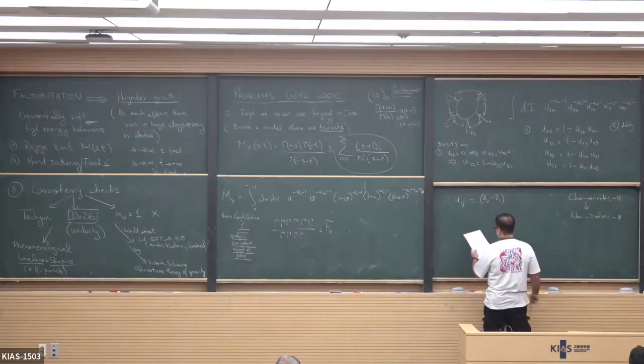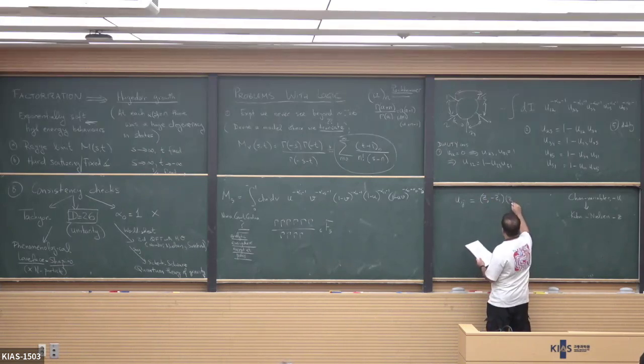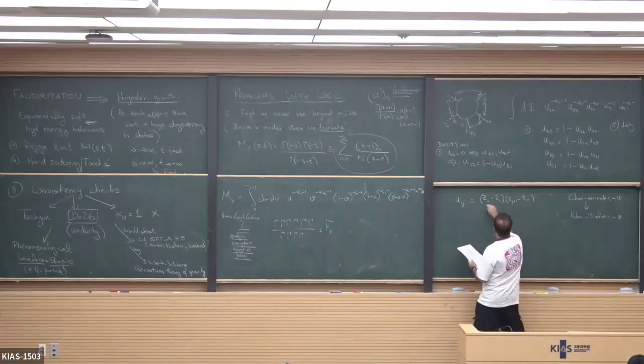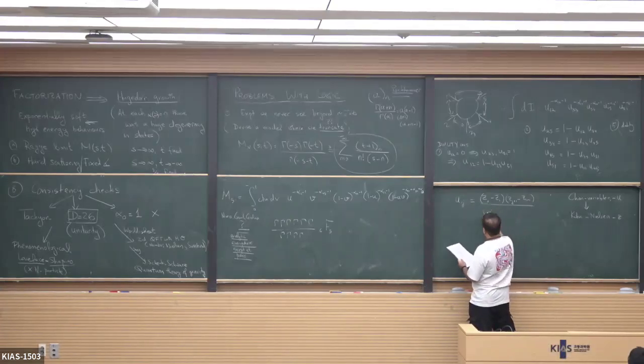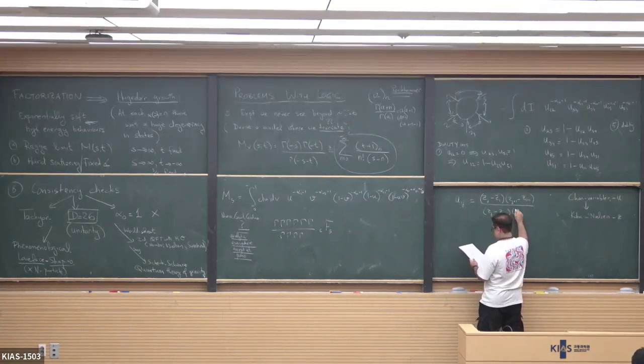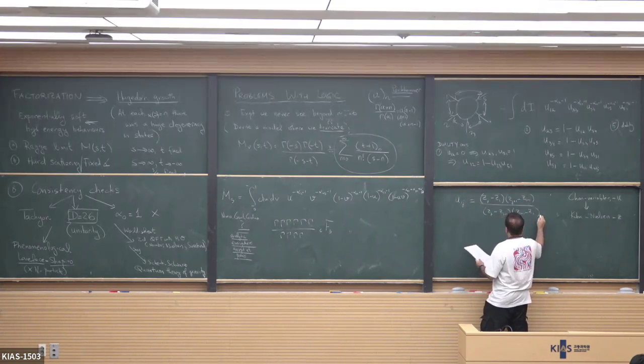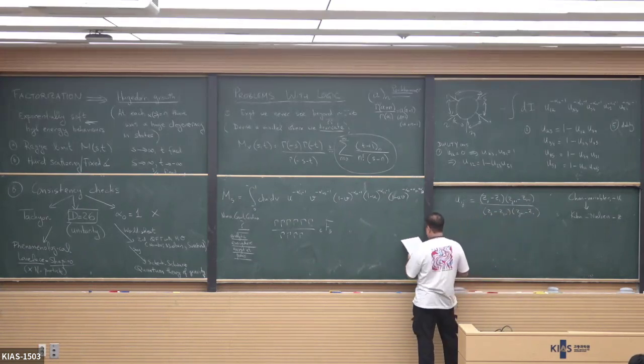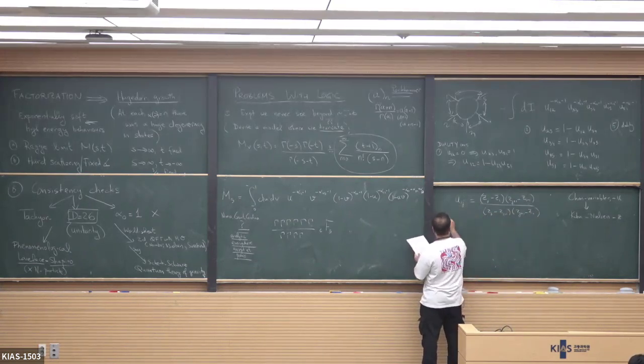So Zj minus Zi, Zj plus 1 minus Zi minus 1, divided by Zj minus Zi minus 1, Zj plus 1 minus Zi. The first index i runs from 1 to n. j also runs from 1 to n.